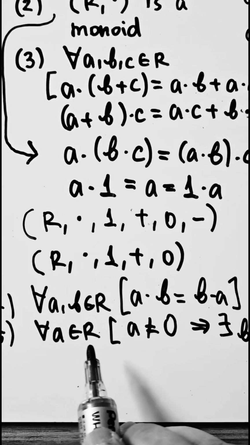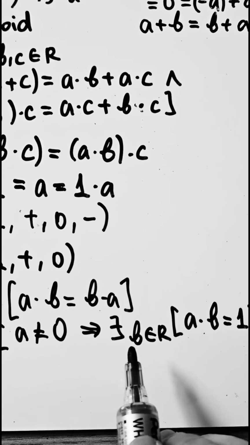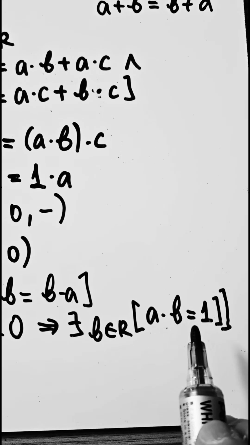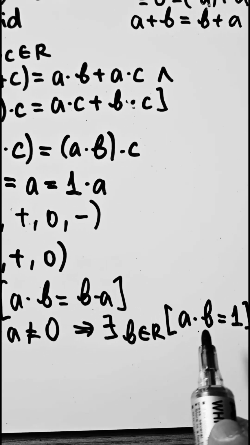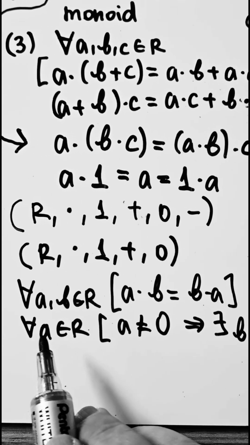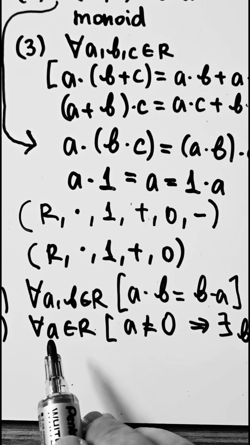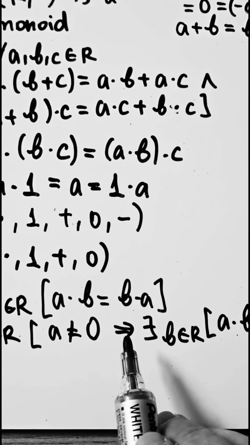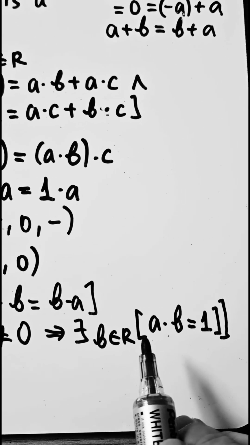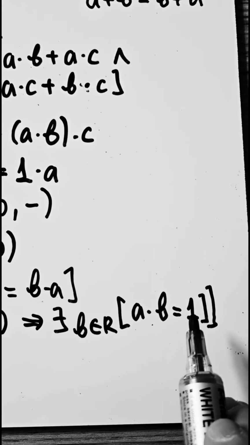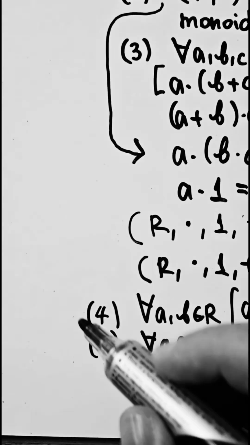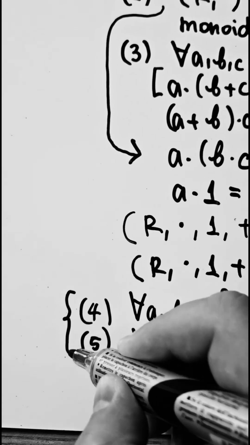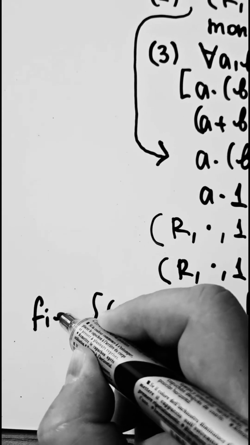So for every A that's not 0, there must exist a B such that A times B is the multiplicative identity. We formalize this idea by writing: for every A in R, A not equal 0 implies that there exists B in R such that A times B equals 1. When a ring has these two additional properties, such a ring is called a field.